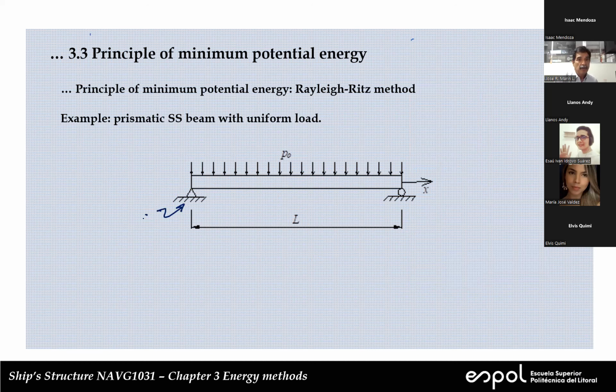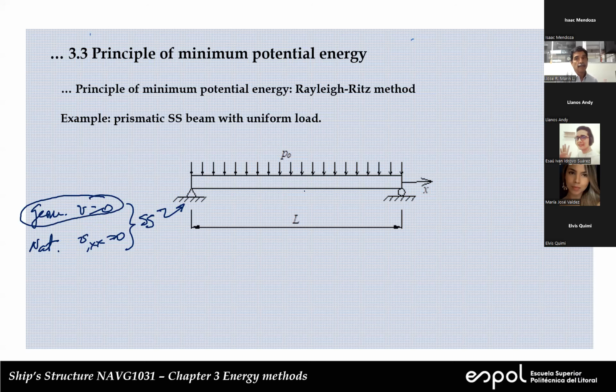Here you have simple support. So we recall that we have the value of v and the value of the second derivative as 0. This is something that we just recall. This is a geometric boundary condition, and this is a natural boundary condition. So we have to propose functions that satisfy this condition.